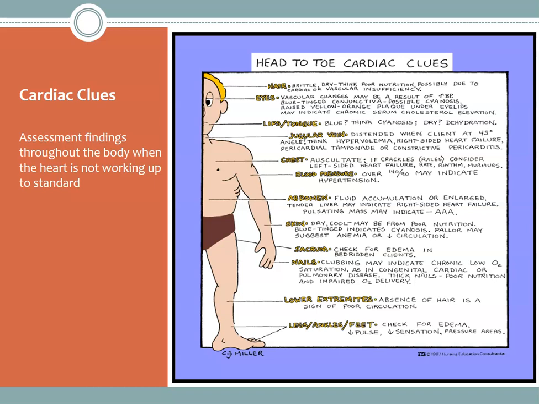That's usually the case. Clubbing of the nails, we talked about that. That's a chronic condition, a long time of lack of oxygenation to the tissues, and that definitely could be because the heart's not circulating the blood throughout the body. It definitely could be a cardiac issue. We already studied respiratory, so we know that it also could be a pulmonary issue as well.